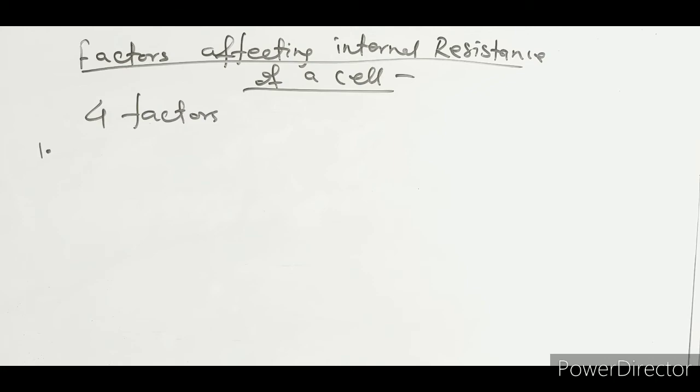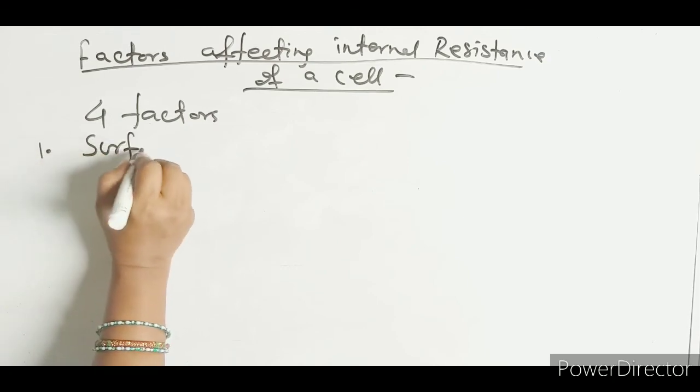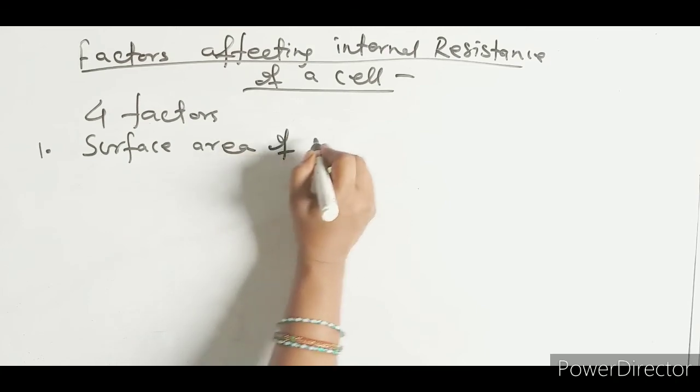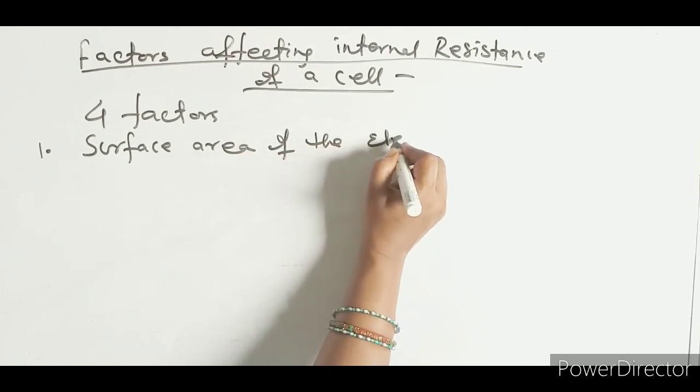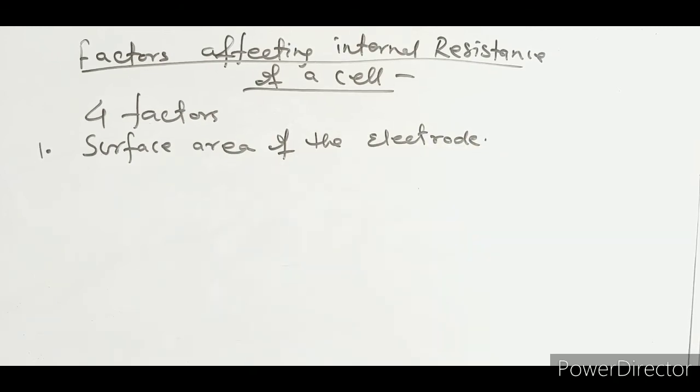So first one is the surface area of the electrode. Here larger the surface area, less will be the internal resistance.